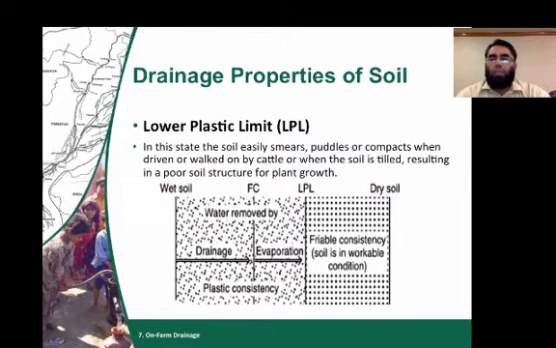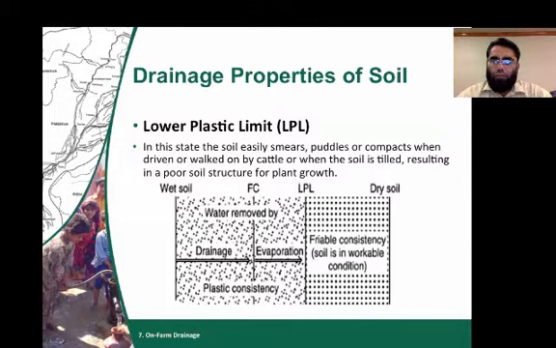Okay, the lower plastic limit is basically a property of the soil which tells you about the smearing of the soil, or puddling or compaction, when the moisture content of the soil is a little lower than field capacity.